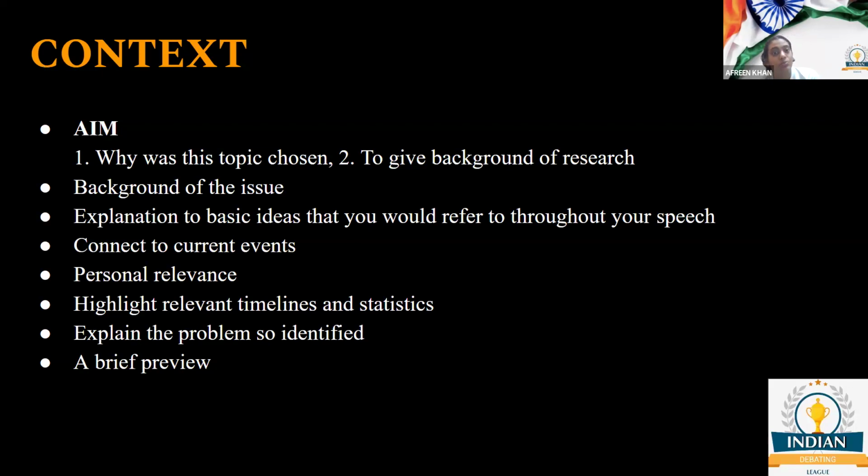Now, it could be related to a current affair that's happening, and I'm basically saying this is what is happening right now, which is why this is a relevant issue, which is why I've taken this topic. So I'm not going to say exactly in those terms that this is why I have taken this topic, but it makes sense to the judges and whoever is listening that, oh, this is probably why this person has chosen this topic. So you'd give background of the issue.